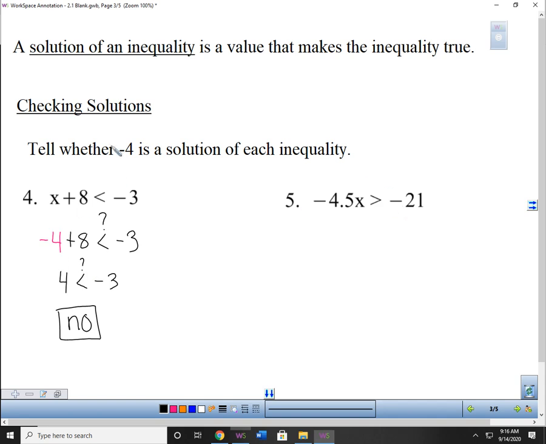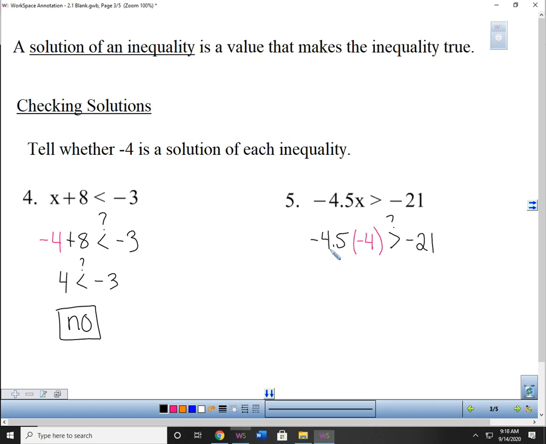So let's check this one. We're going to plug the negative 4 in for the x right there. So we have negative 4.5, and then I'm going to plug in the negative 4 right there. And I want to know if it is greater than negative 21.